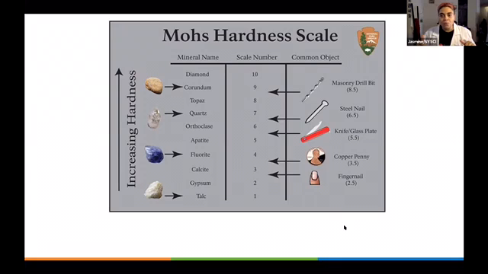So if you have an in-person experience with students at the site, one thing they can try is, if you can get some examples of these minerals, probably not a diamond. You don't want to bring diamond samples to kids, but there are some kits that they sell with a few minerals and a couple of items like a copper penny, a steel nail, and a piece of glass that's square, so it's a little bit safer.